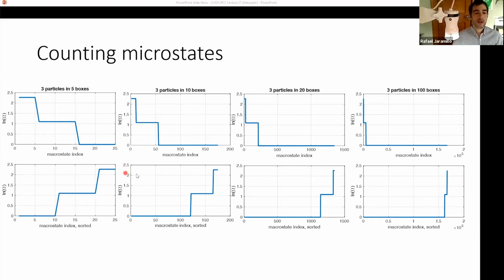What I want you to see is that as the number of boxes gets higher, the distribution of microstate count gets more sharply spiked. Even at low numbers, 3 particles in 100 boxes, you're entering a situation where this distribution function is becoming very sharply spiked.